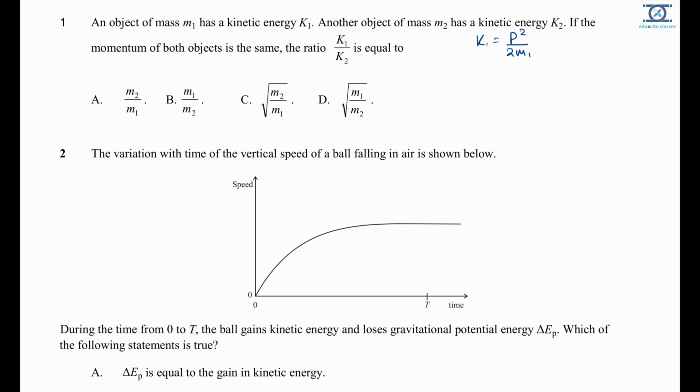So kinetic energy 1 will be p squared upon 2m1, kinetic energy 2 will be p squared upon 2m2, right? Because the momentum of both objects is the same, it is given. So we can cancel out p squared and p squared, so it will be m2 over m1, simple. So option A will be the right answer.